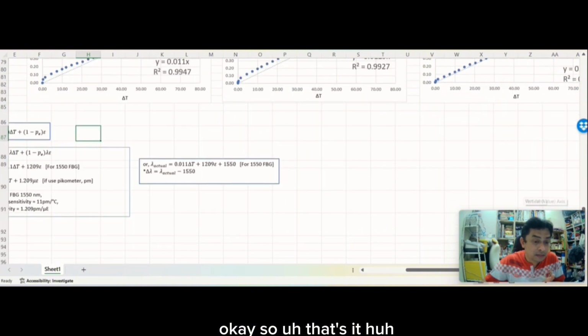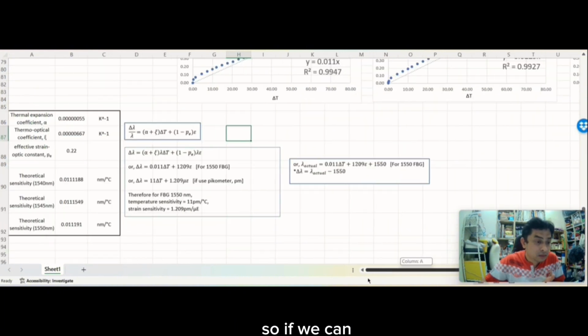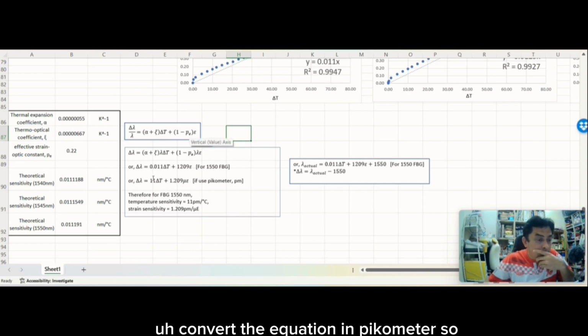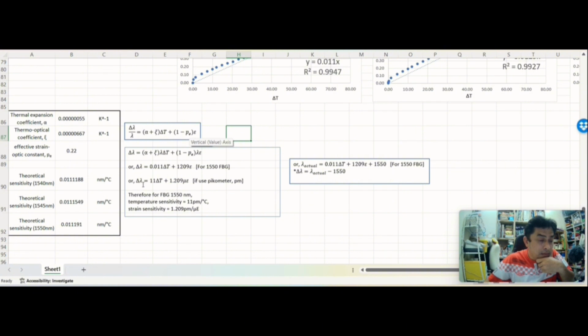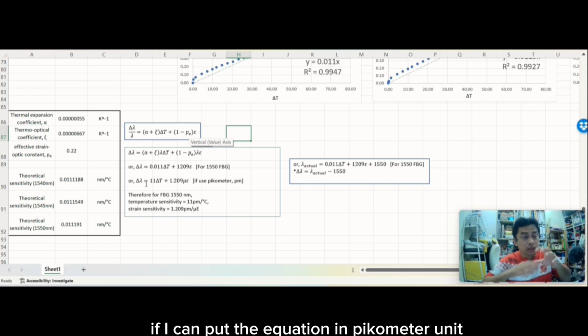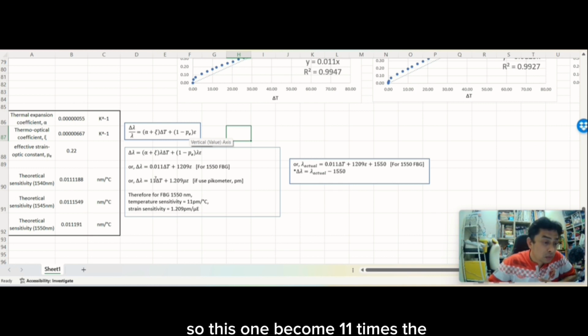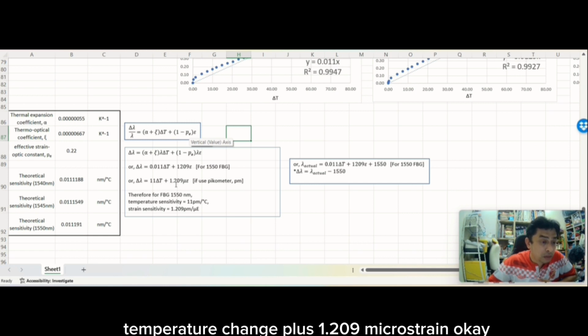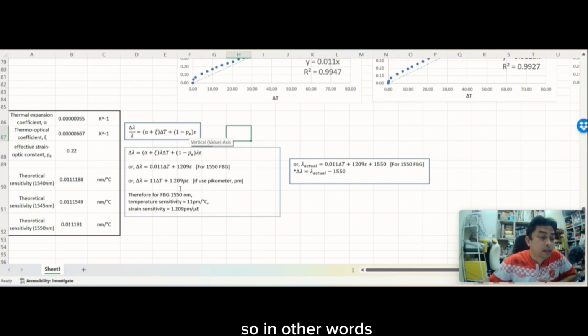If I convert the equation into picometers, the result is delta wavelength equal to 11 times the temperature change plus 1.209 times microstrain.